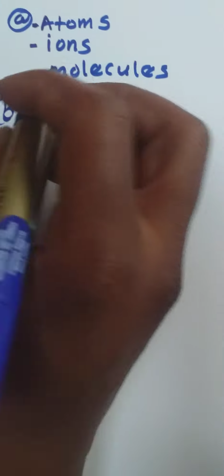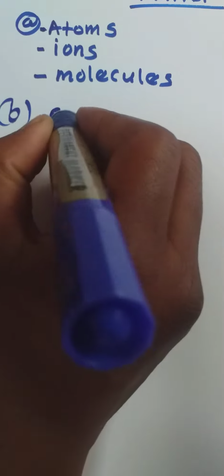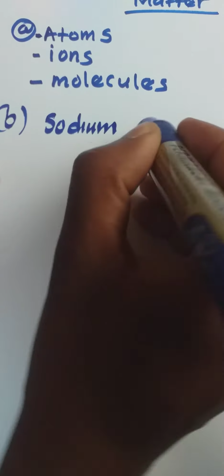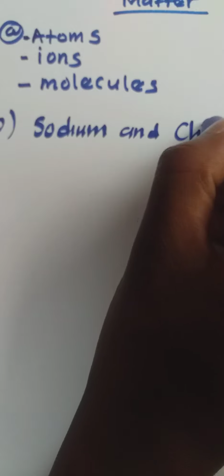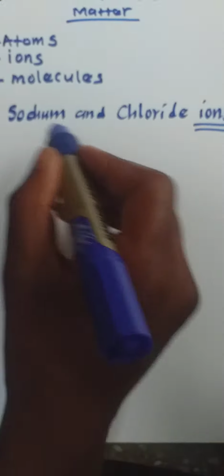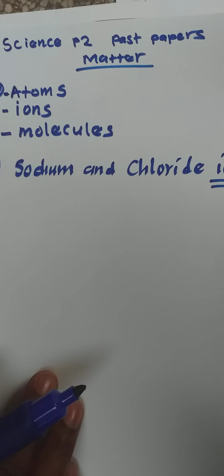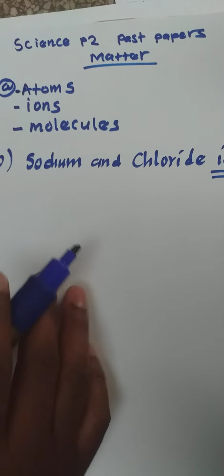Sodium and chloride ions. So the basic units are ions, but to be specific, it's sodium and chloride ions. These are the basic units that will make up common salt. So common salt is sodium chloride.